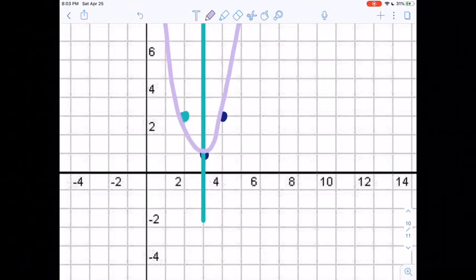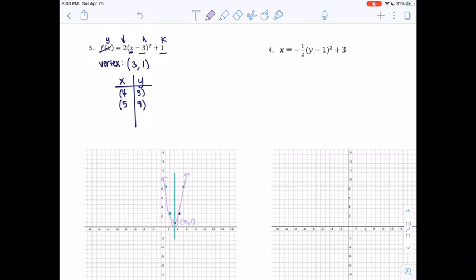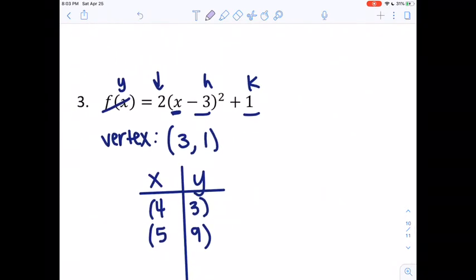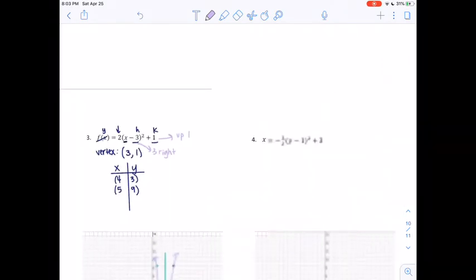So just alluding to how the h and the k and the a's affect your parabola, my vertex is at 3, 1. Well, notice, look at this. This tells you right away where your graph is shifting. It is shifting 3 to the right and shifting up 1.